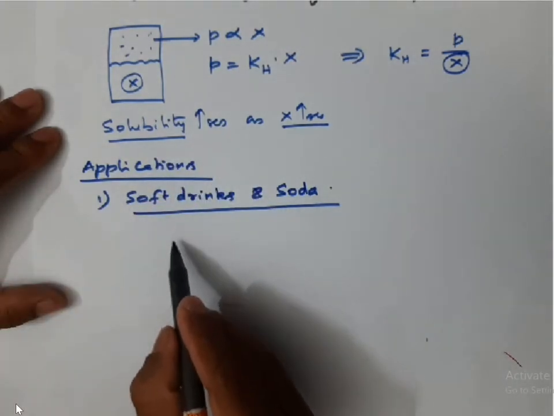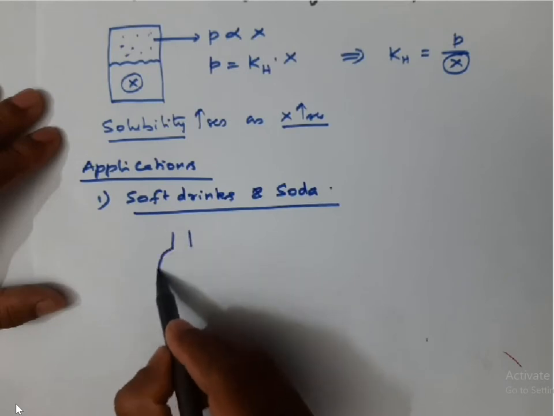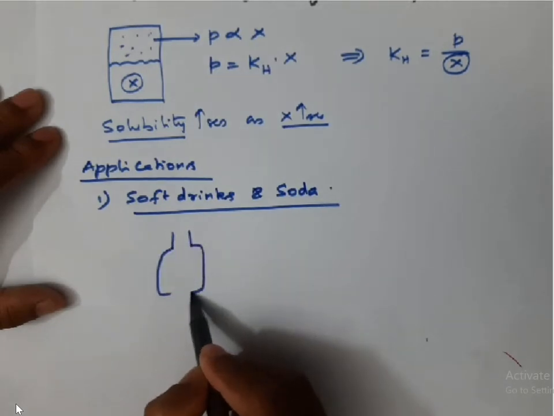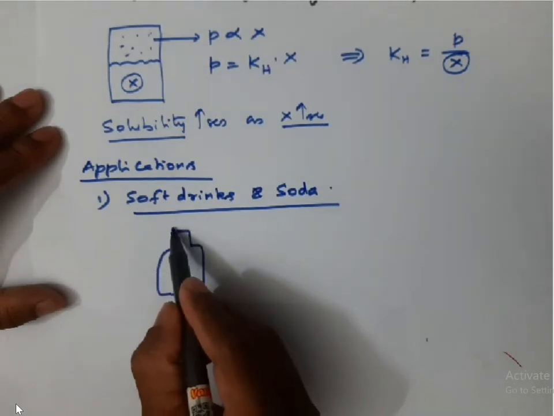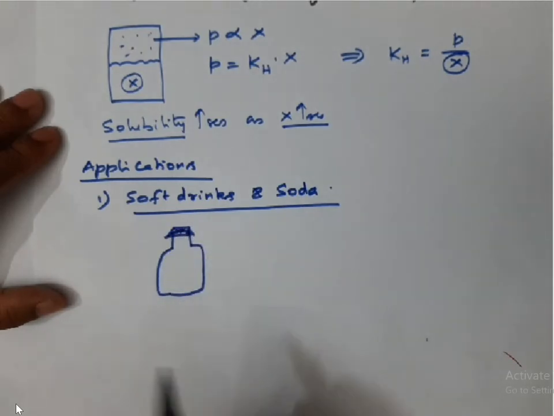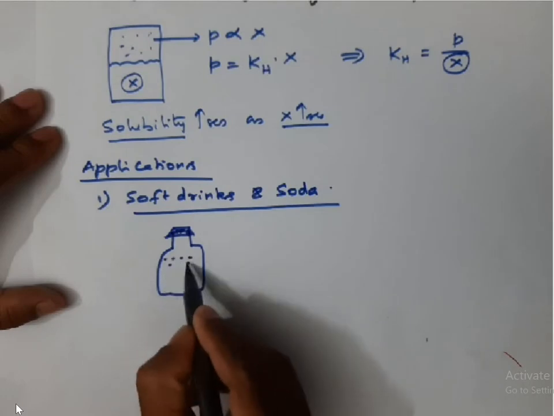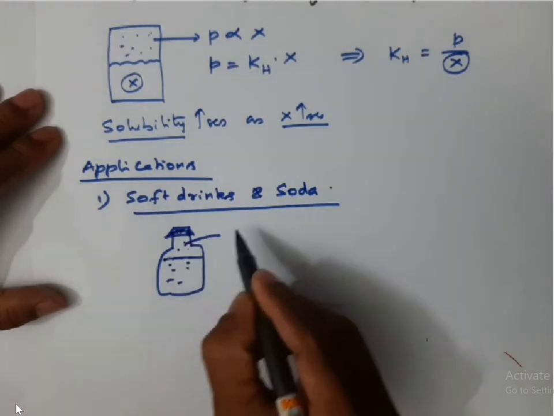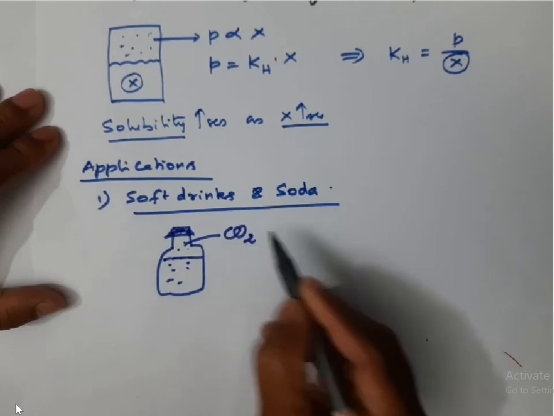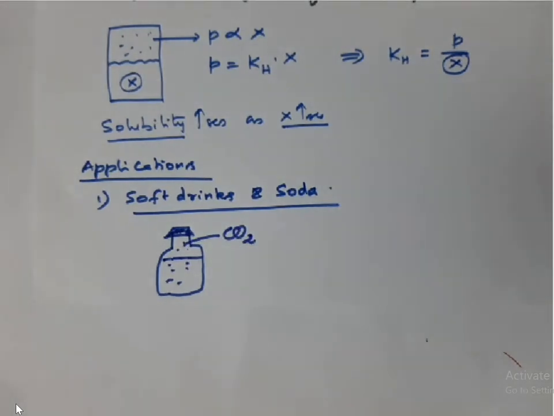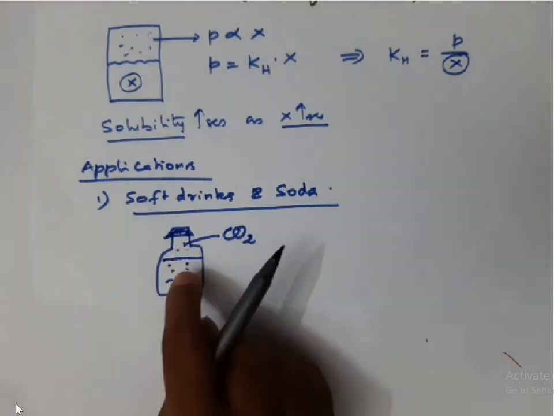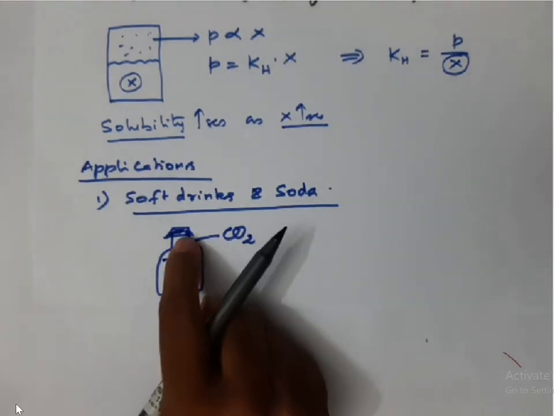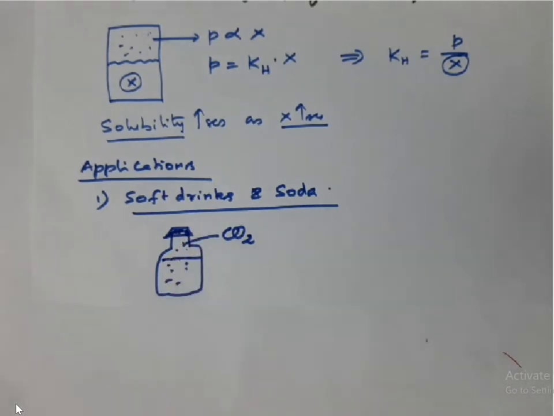Suppose this is the shape of the bottle. The container is sealed with high pressure. You have liquid here, and above the liquid we have carbon dioxide gas. The container is filled with CO2 gas under high pressure.